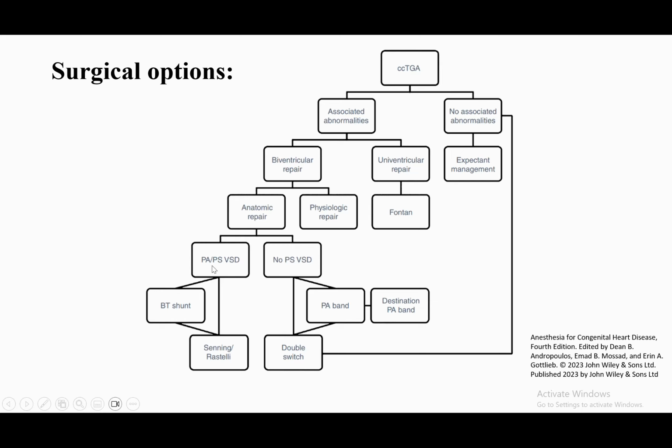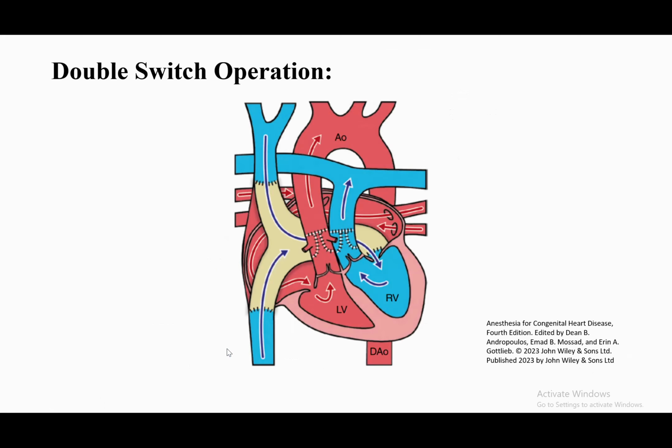If there is a pulmonary stenosis or atresia, we go through the Mustard Rastelli operation. Senning is like a Mustard operation. It's an atrial switch operation. So this is a double switch. We do a Mustard operation and an arterial switch.